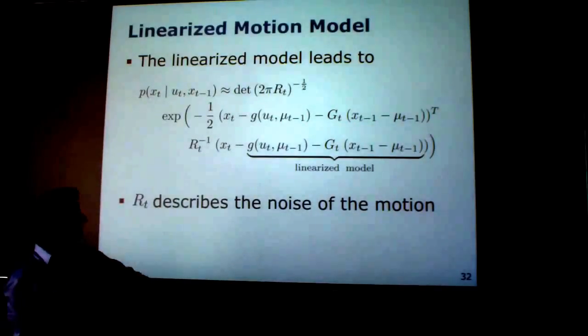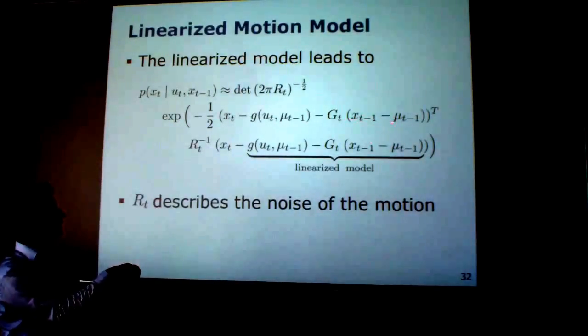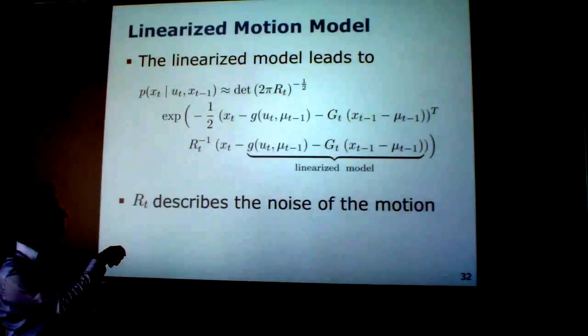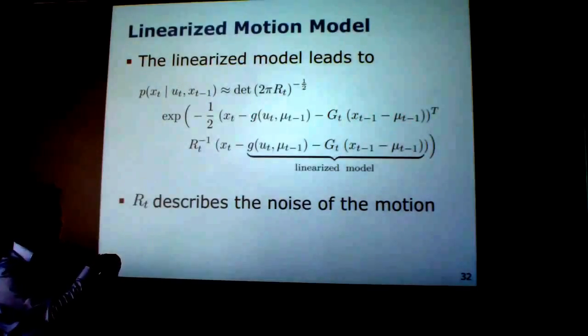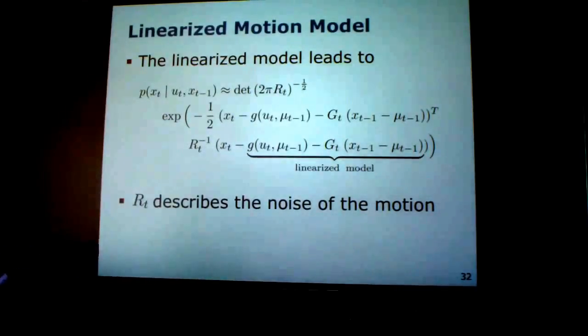So the equation stays exactly the same, except that I have to replace, in this case, the A_t mu_{t-1} plus B_t u_t by this term over here, which is again a linear function because it is the linearization of my nonlinear function.